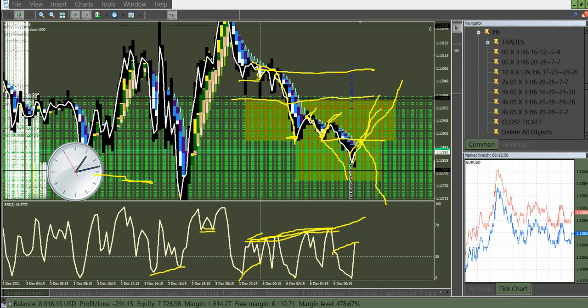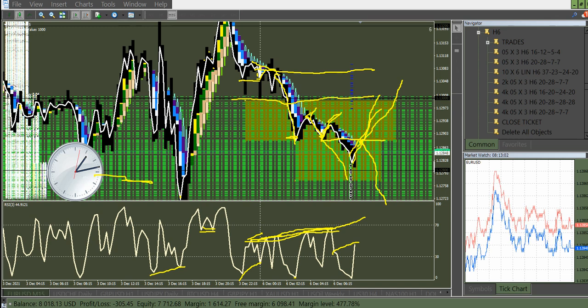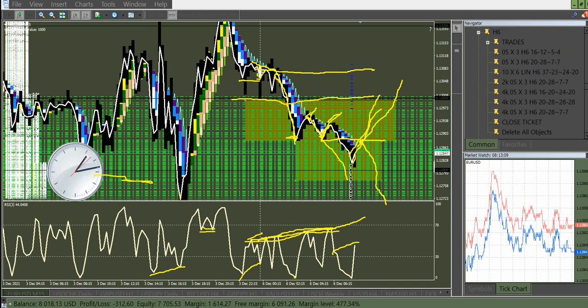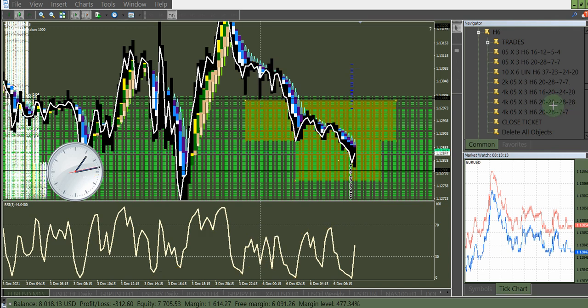So we're waiting for Europe to open. We're waiting for a retracement from all the punishment that's been dished out on the euro dollar. I'm going to buy this euro dollar by default. Pure limits.